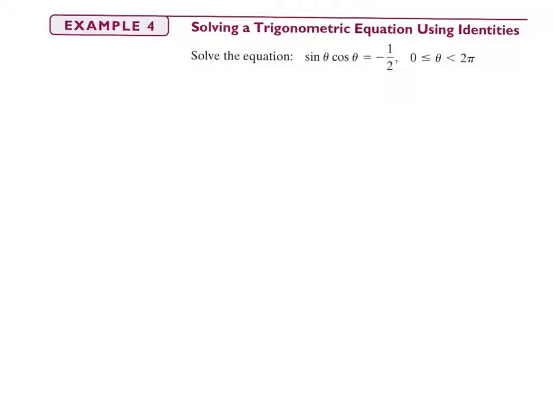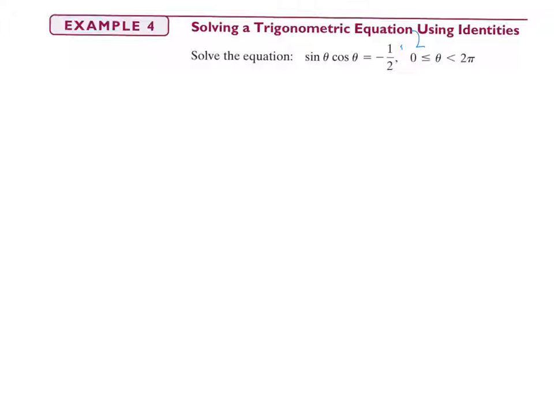So for this example, let's solve this trig equation. Solve this equation, sine times cosine equals negative 1/2 from 0 to 2 pi.